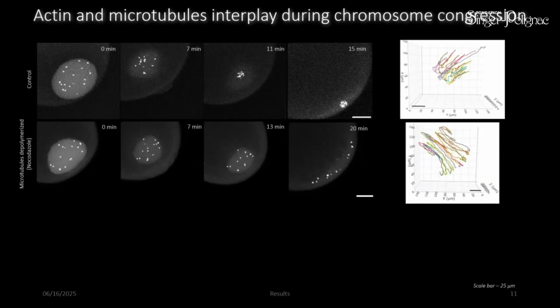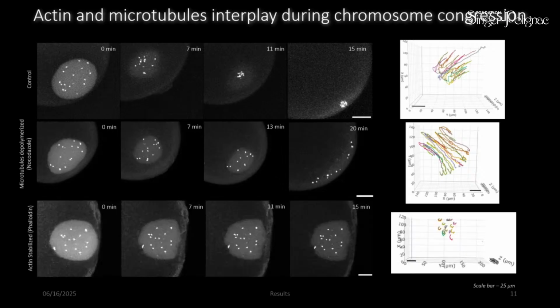When we depolymerize microtubules, there is no congression happening; the capturing is happening, but all the chromosomes are transported to the cortex individually. When I stabilize the actin network inside the nucleus using phalloidin, there is no congression and no transport to the cortex. This clearly shows that actin and microtubules are both important for capturing the chromosomes and also for the transport.